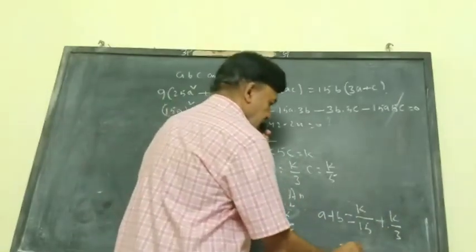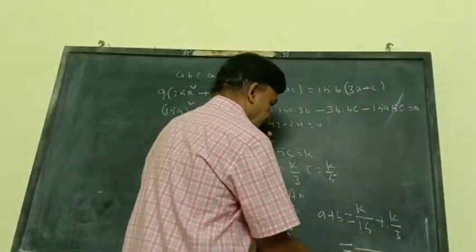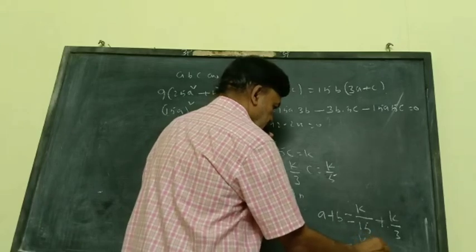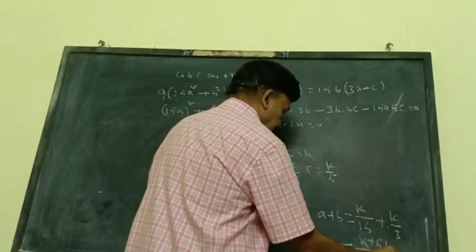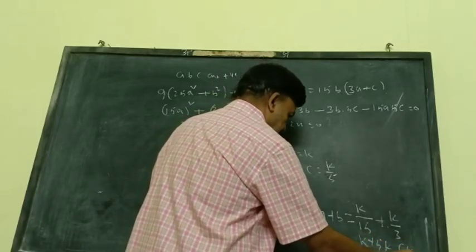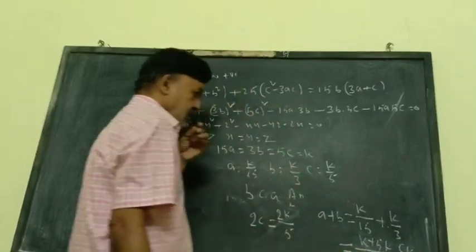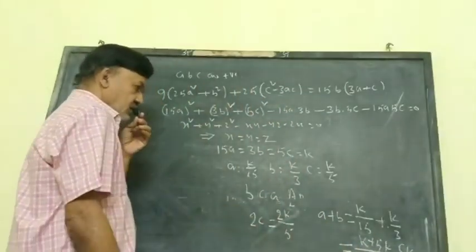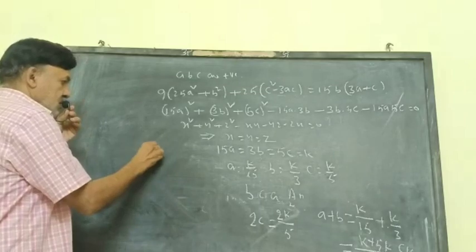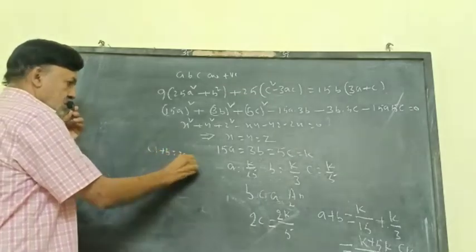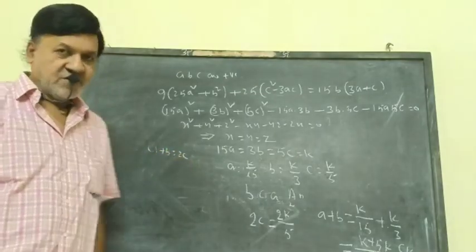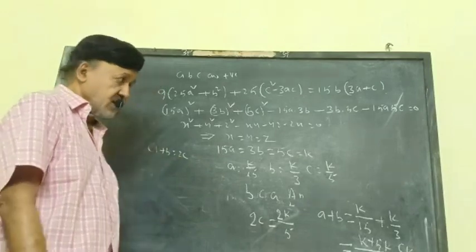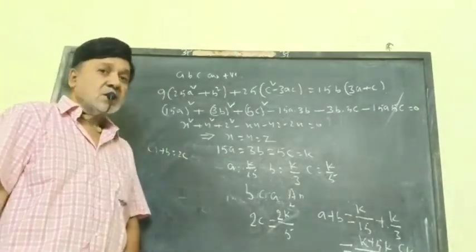So what is the LCM? 15. K plus 5K, 6K by 15, which is 2K by 5. So I have shown A plus B is equal to 2C. Okay, right.